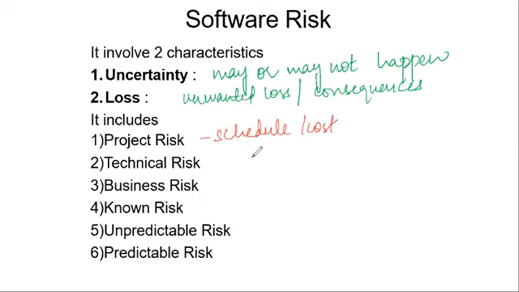This technical risk means technicalities can be affected, like the quality or the time in which you're going to complete your project. Then you've got the business risk. Business risk means the viability of a project can be affected. That is, how you're developing the project, the development can be affected.